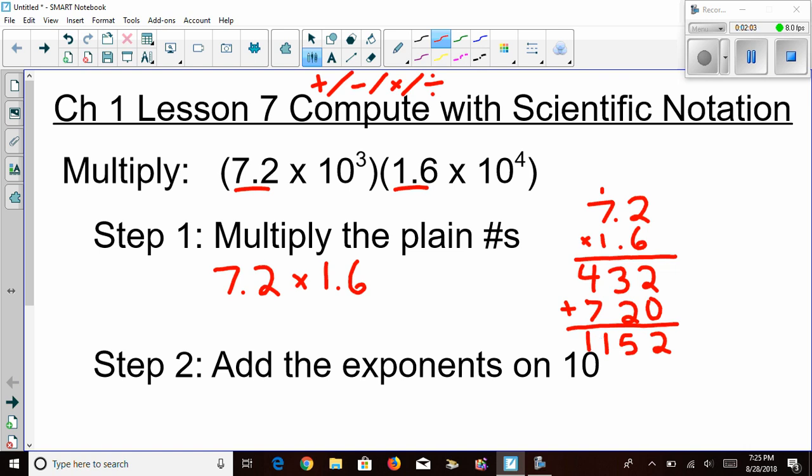Now I have two numbers that are behind a decimal, which means I take my decimal on the end and move it 2 spaces in for an answer of 11.52.